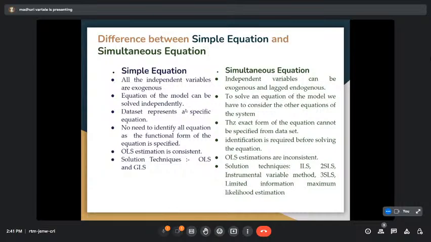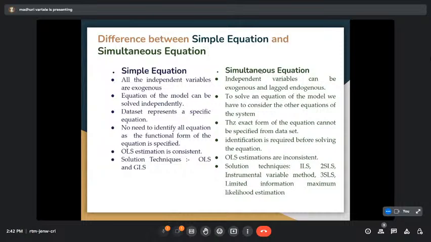Whereas under the simultaneous equation, independent variables can be exogenous and lagged endogenous. That is, external factors can also be considered under the simultaneous equation. And to solve an equation of a model, we have to consider the other equations of the system.